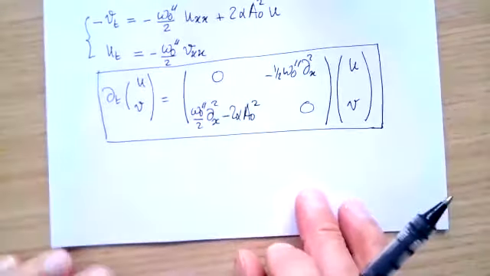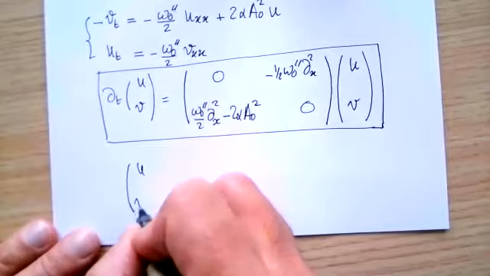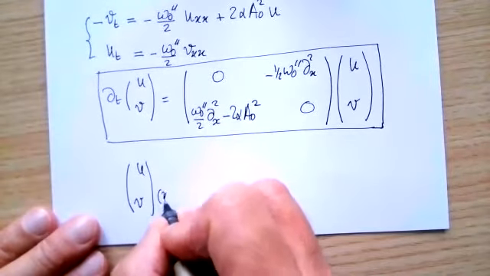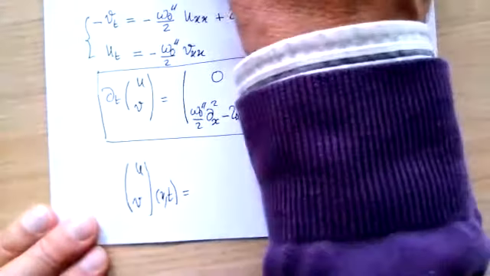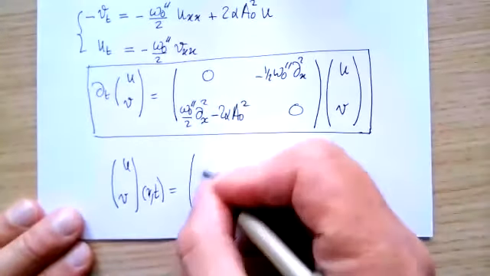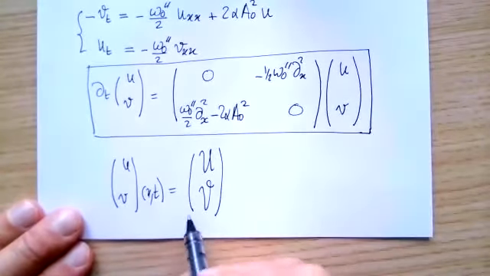So one looks for plane wave solution. Okay, and the plane wave will be of that form: u of x and t will be a constant amplitude, either u or v.